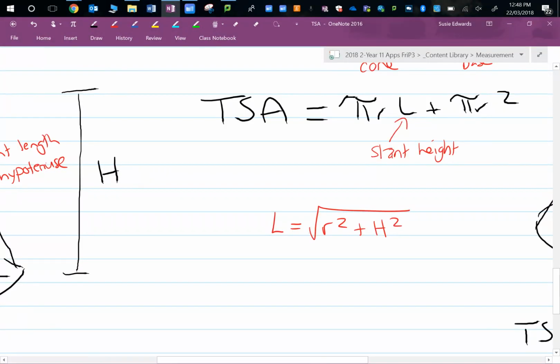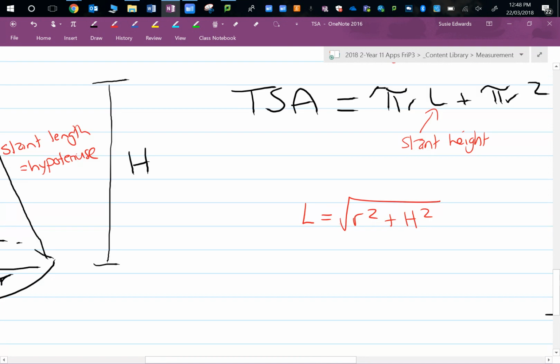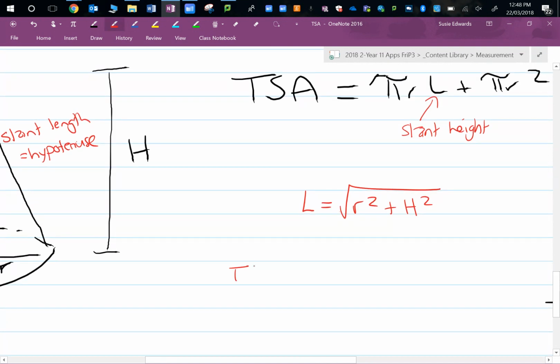So if we had to rewrite this formula, we could actually write total surface area equals pi times R times the square root of R squared plus H squared plus pi R squared. That would be the formula if you don't know the slant length, because you've just put in that Pythagoras part instead. Or you could just work it out using Pythagoras, write it in, and then use the formula at the start as well. It's up to you.